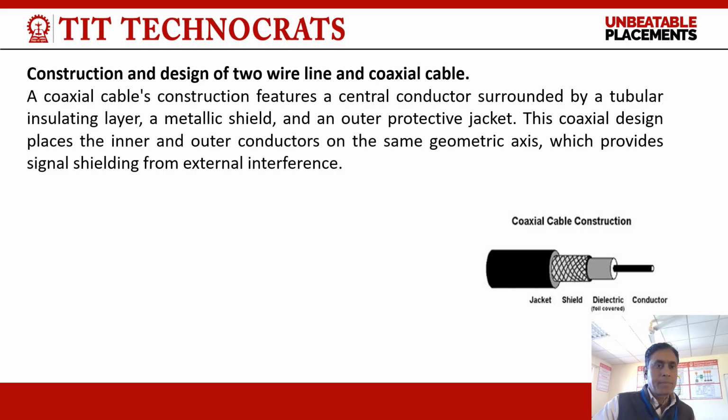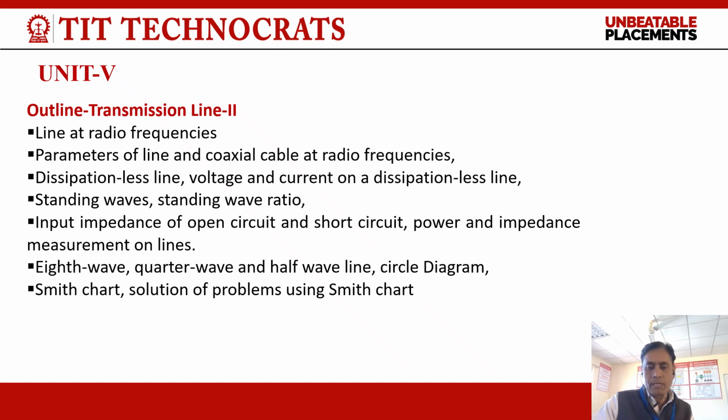This coaxial design places the inner and outer conductors on the same geometric axis, which provides signal shielding from external interference. So here we can see the figure of a coaxial cable.